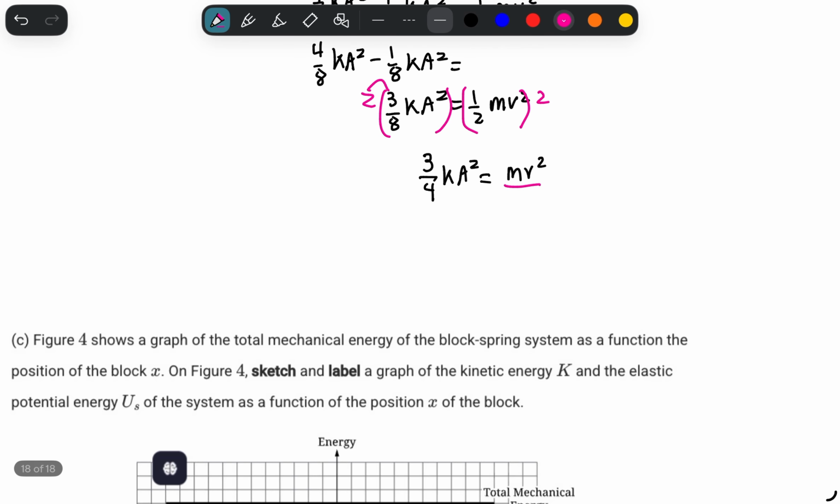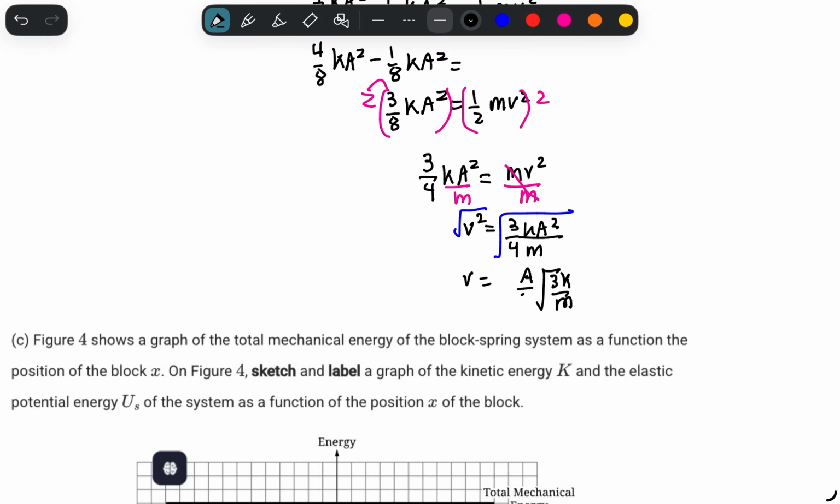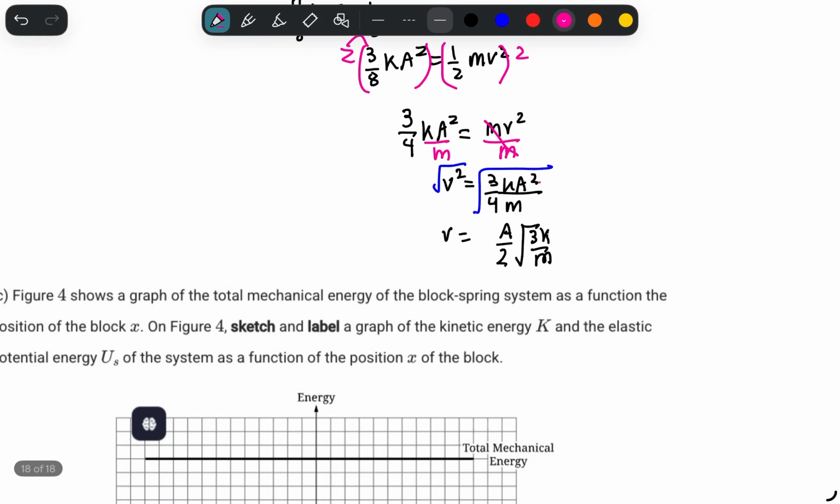We just divide both sides by m, and we get v squared is equal to 3/4 k a squared divided by m, and we can just take the square root from here. v is equal to the root of 3k over m, and we can actually take out a, and we can take out a 2, since we have one of those 2's here and 4. So this is our expression for our velocity.